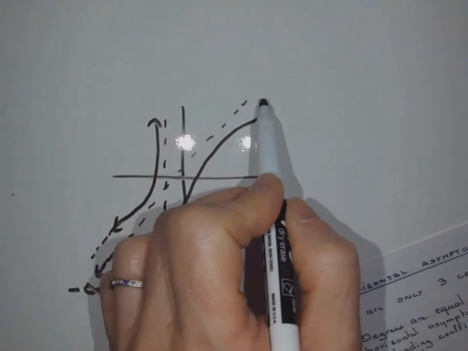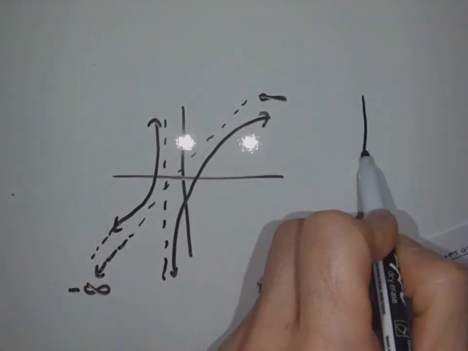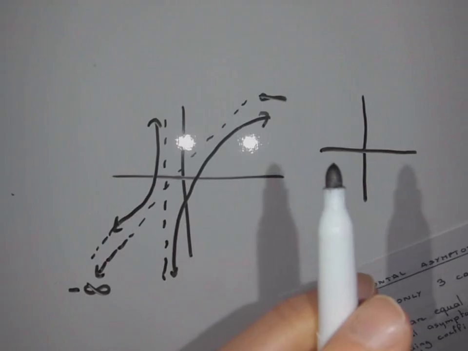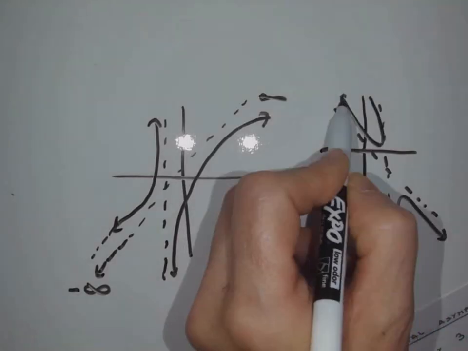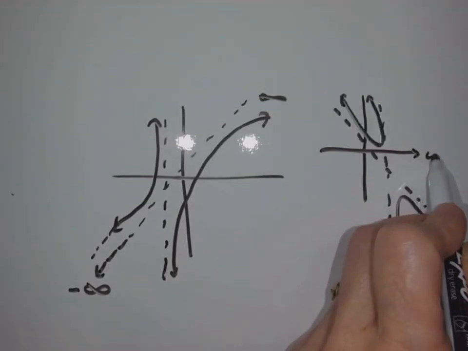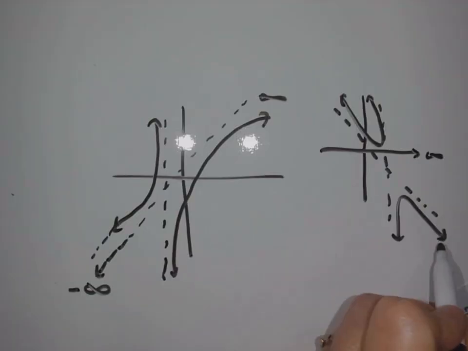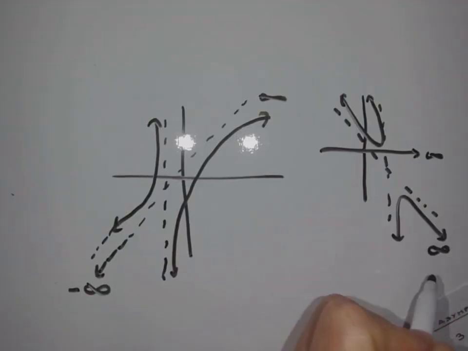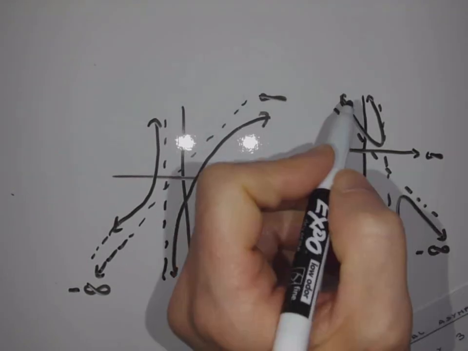But if my slant asymptote will have a negative slope, let's just make one up here, a vertical one, then let's look at this branch, and now that side here will take my curve to a negative infinity, and this one will take it to a positive.